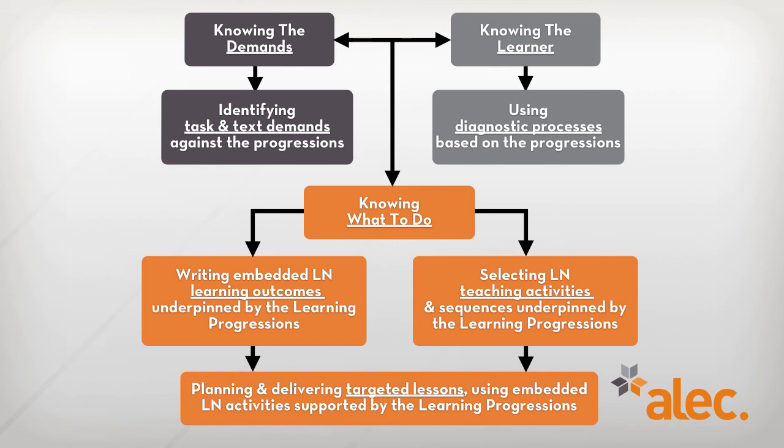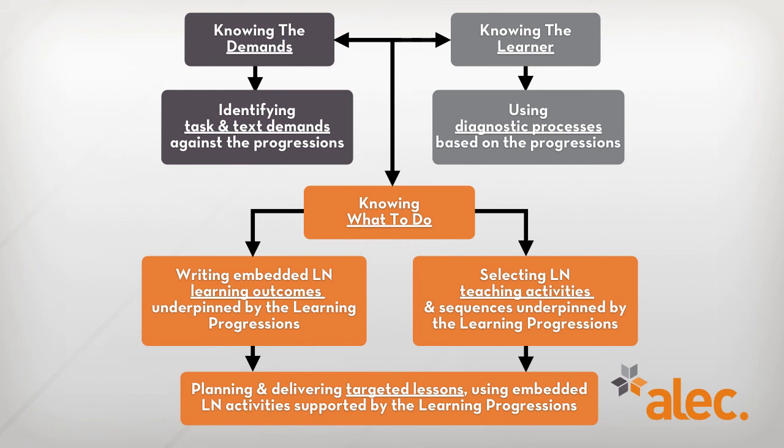On the other side there, knowing the learner, using diagnostic processes, figuring out what people know, and our system is based on the learning progressions. The difference between those two tells you the next thing, knowing what to do. And from there, you move on to the kind of things that we're starting to talk about from here on in.